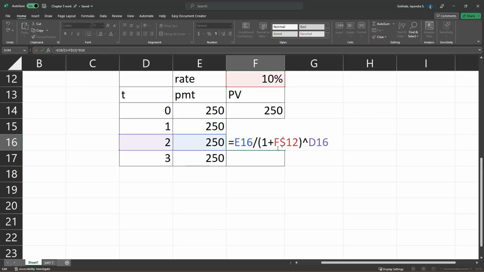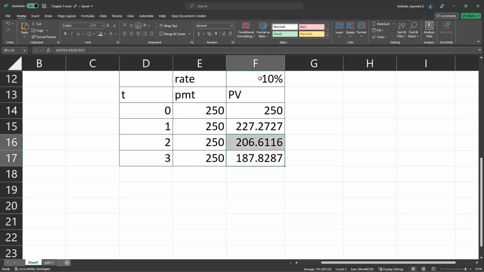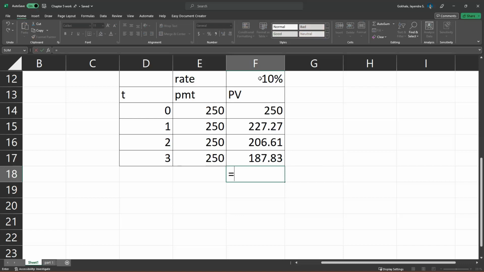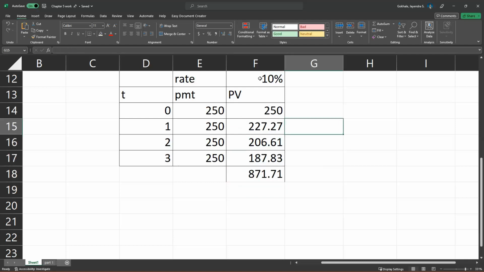The red cell has become constant. I mean, it's pointing to the same value because the rate is the same across all the periods. So this is the present value for all these cash flows. So equals the sum of all of them. Now, could we have used another method to find it? Yes. We could have used the PV function, equals PV of each cash flow, right?